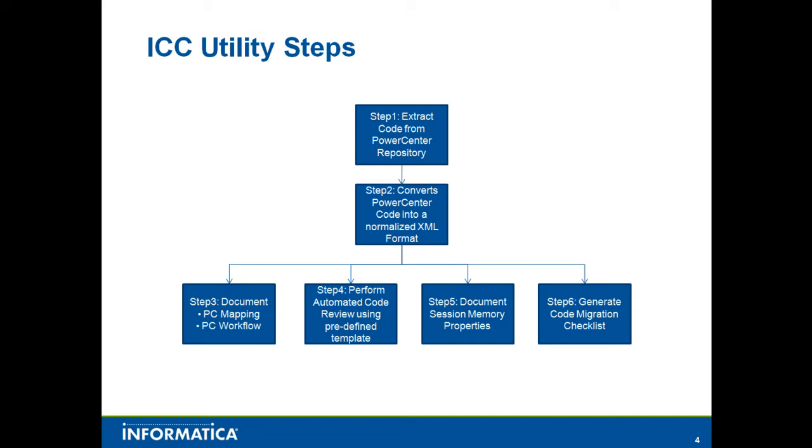Step 3 is to document your Power Center mapping and workflow in a nice HTML report. Step 4 is to perform your automated code review using a predefined template, and that's discussed in the next few slides. Step 5 is to document session memory properties, and then step 6 is to generate the migration checklist.